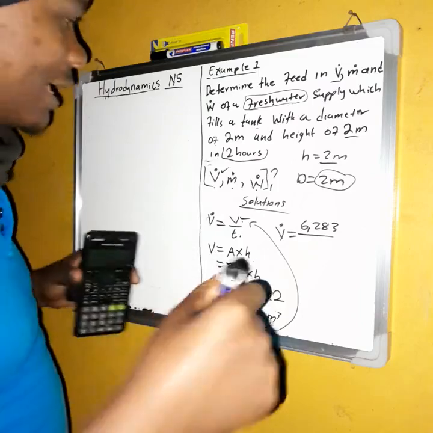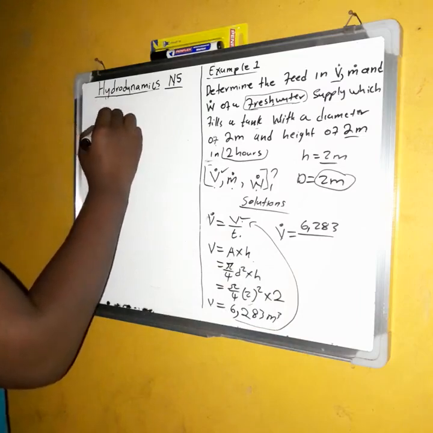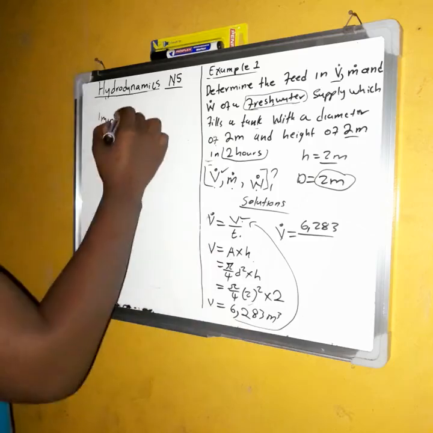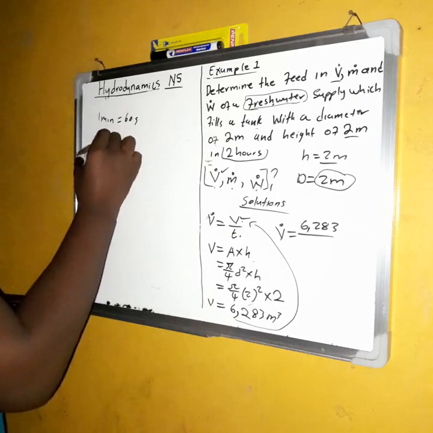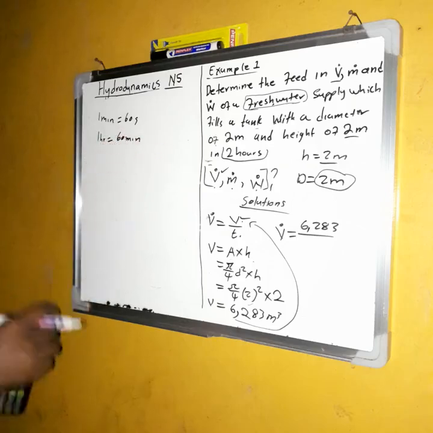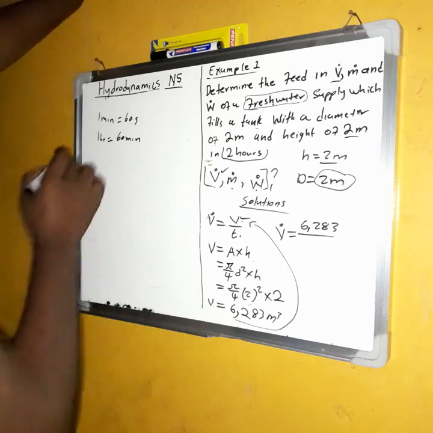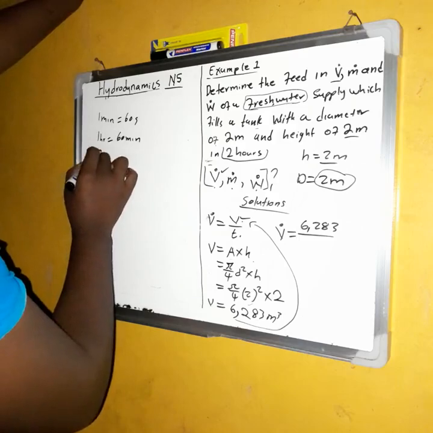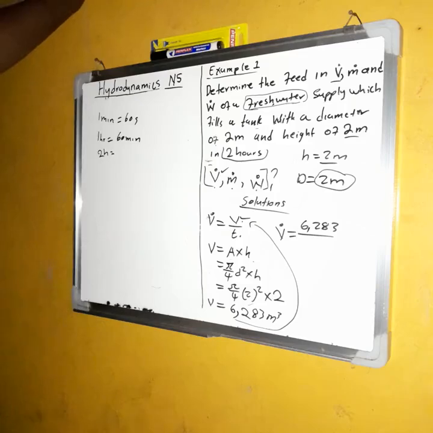But the time must be in seconds, so you must know your stuff. 1 minute is equal to 60 seconds. 1 hour is equal to 60 minutes. Do you see what is happening here? But you have 2 hours, and since you have 2 hours, you want that to be in seconds.